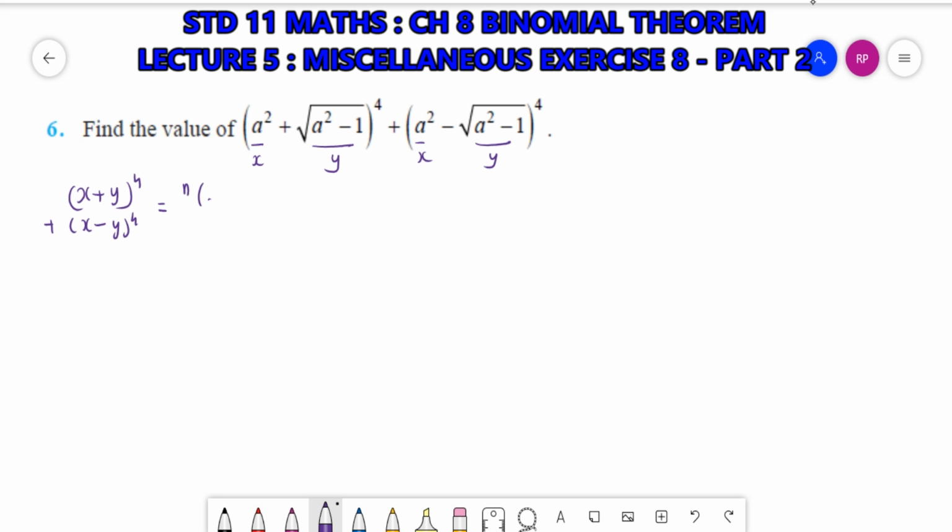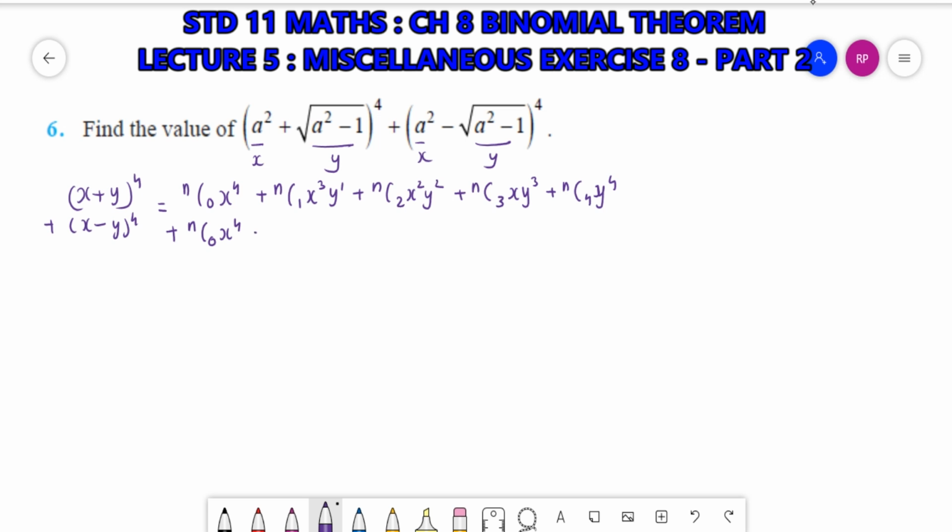This will be equal to nC0 x^4 y^0 + nC1 x^3 y^1 + nC2 x^2 y^2 + nC3 x y^3 + nC4 y^4, plus the same again but with a negative sign in between, so alternate terms will use a negative sign.